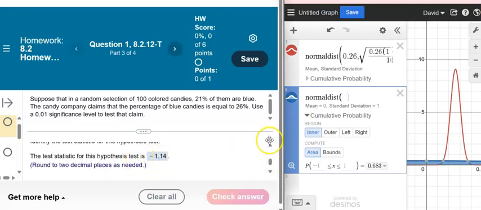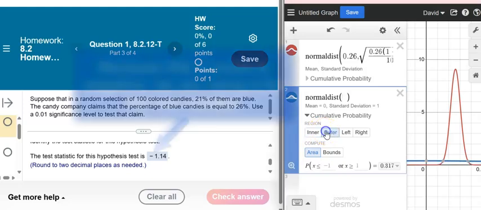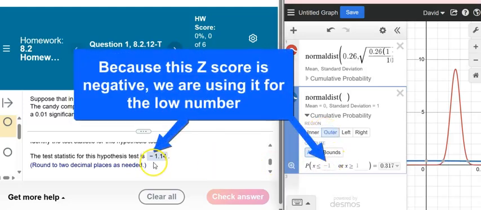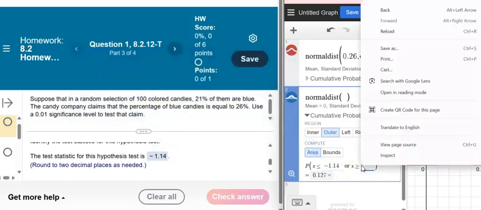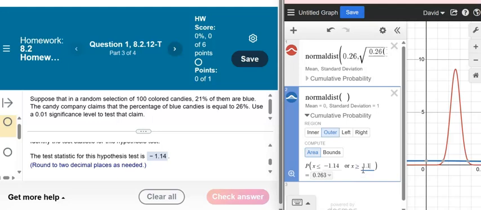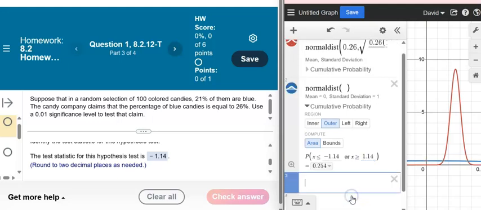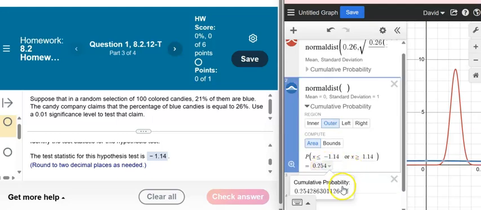Right, the test statistic is a z-score. You could do outer and then do this number for the low number, negative 1.14, and then its opposite, positive 1.14, for the upper number. You know, that's one way you could do it. That's our p-value. I'll put it down here just so you can see it.